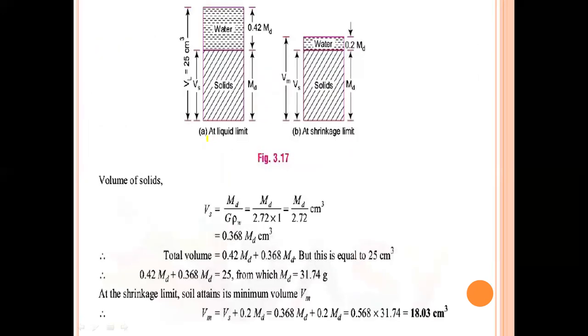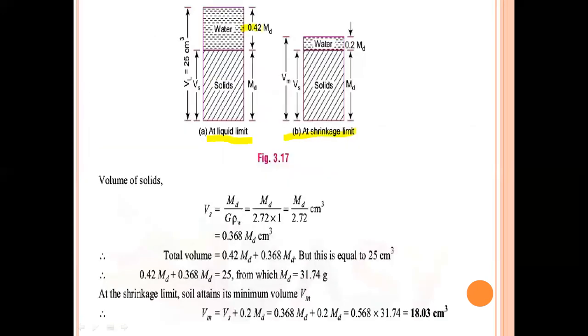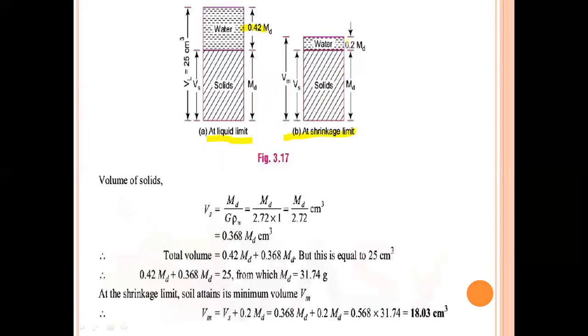This is the figures at liquid limit and shrinkage limit, liquid limit 0.5 md, water 0.2 md.